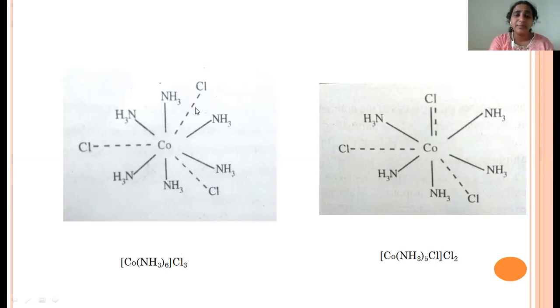Here 3 primary valencies are there, so this metal's oxidation number is +3. Here 6 thick lines are present, so this metal's coordination number is 6.